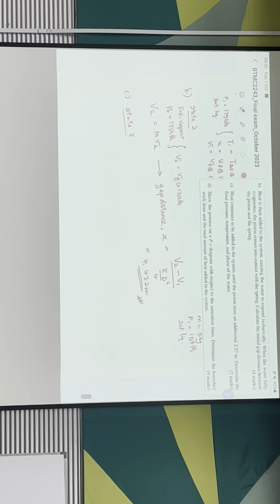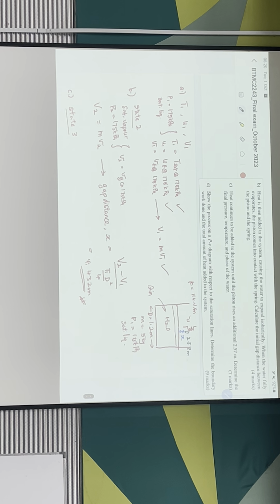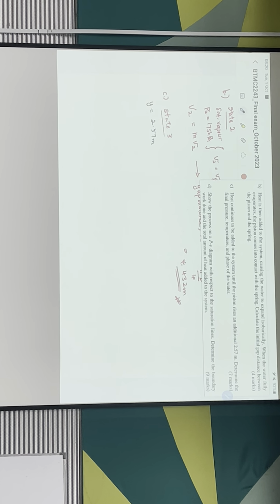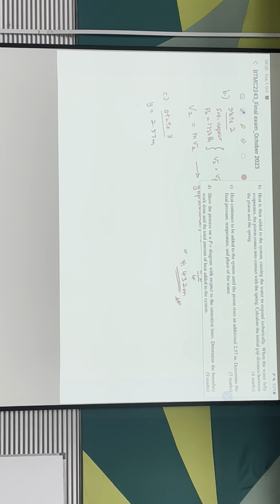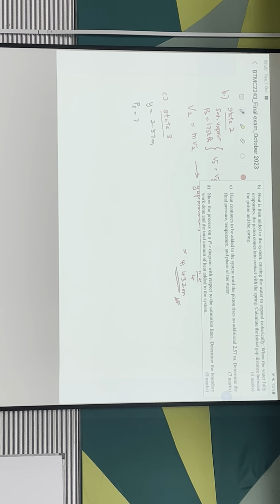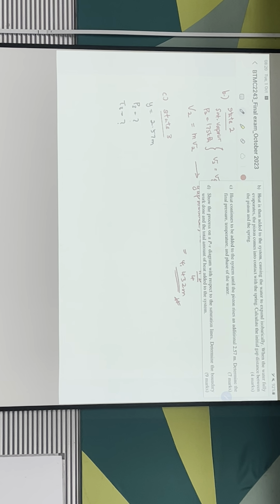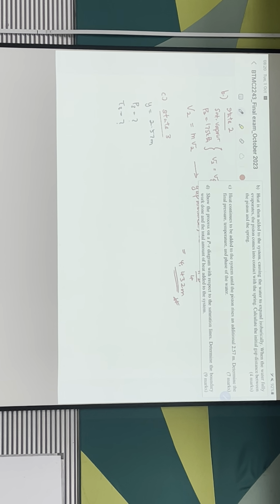Not sure what to call that, but maybe just call it Y then. So let's say Y is 2.57 meter. That's the only thing that we know. And you need to find out what is P3, T3, and what's the state or the phase of the water.